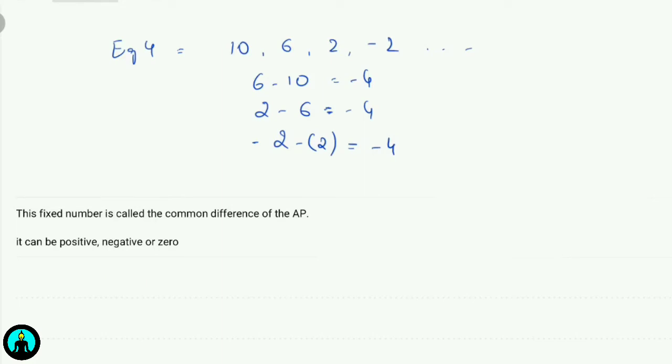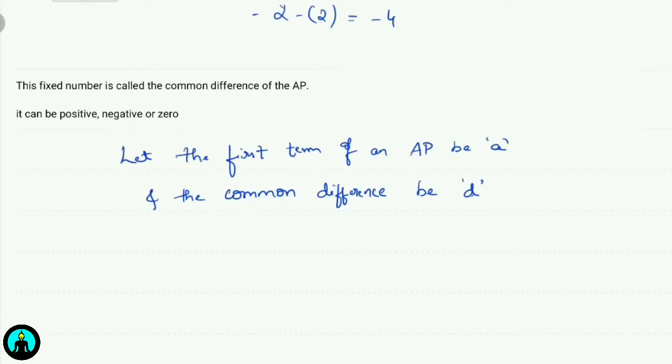Now we will derive a general expression or general formula for an AP. So let the first term of an AP be A and the common difference be D. Then the AP becomes A1, A2, A3, A4, A5 up to AN minus 1 and AN.